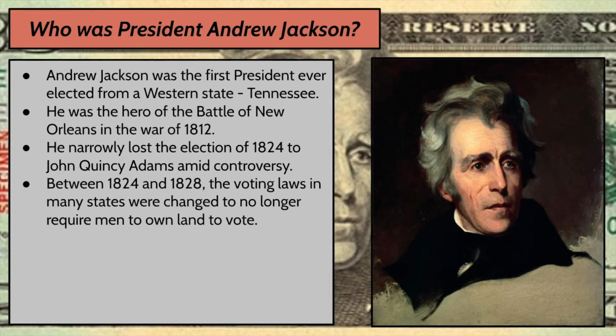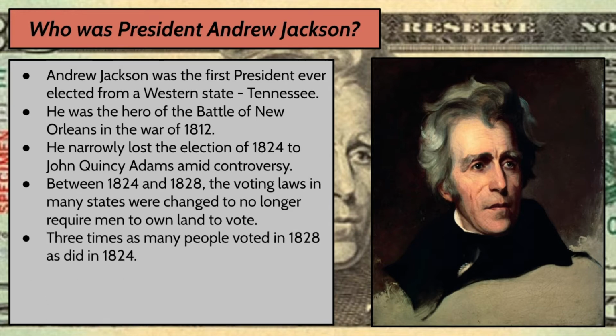And he was helped by the fact that between 1824 and 1828, the voting laws in many states were changed to no longer require men to own land to vote. So they simply expanded the vote to all male citizens, which meant that a lot more people got to vote in the election of 1828, and it changed the composition of the electorate. 3 times as many people voted in 1828 as did in 1824, so that obviously changed who voted and how they voted.